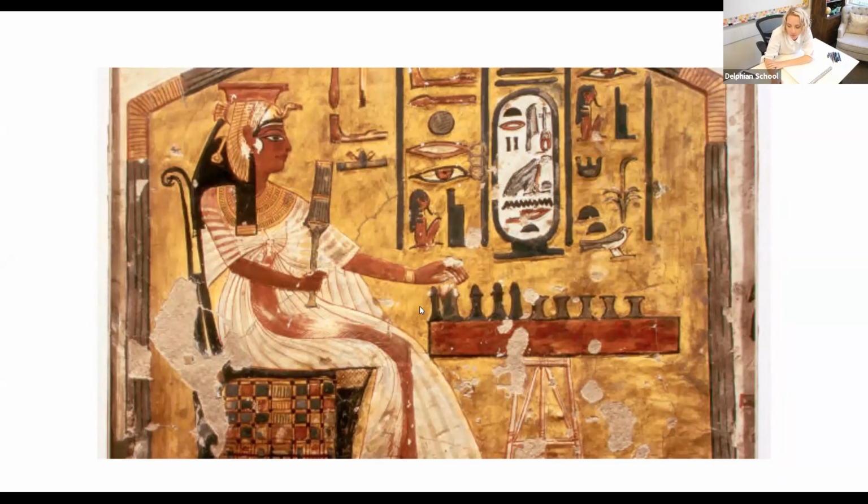Whenever a king or a queen's name was written down, they would put it inside of that oval shape, and that oval shape is called a cartouche. It's a big oval with a line on the bottom. And that's her name, so all those pictures are what her name is. And the other hieroglyphs around her are telling some kind of story about something that's going on.